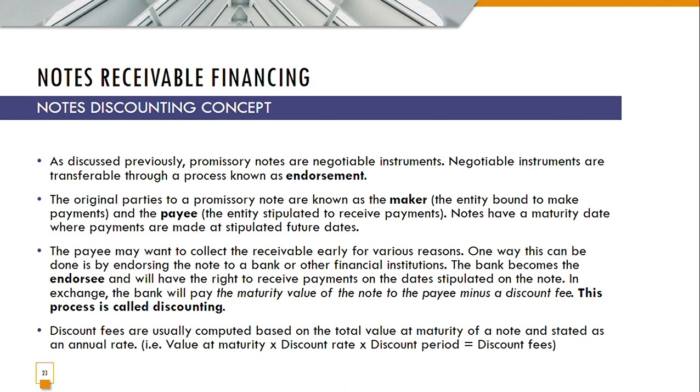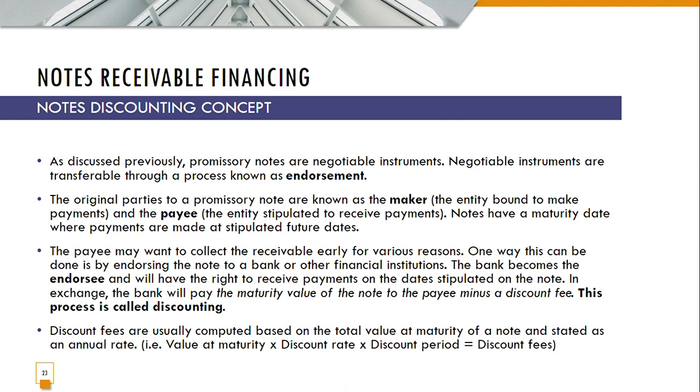Notes have a maturity date where payments are made at stipulated future dates. Sometimes, for various reasons, the payee may want to collect early on a notes receivable. One way they can do this is by endorsing the note to a bank or other financial institution.